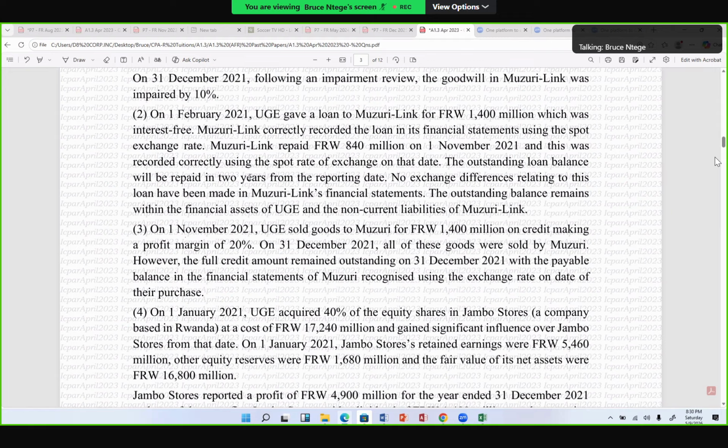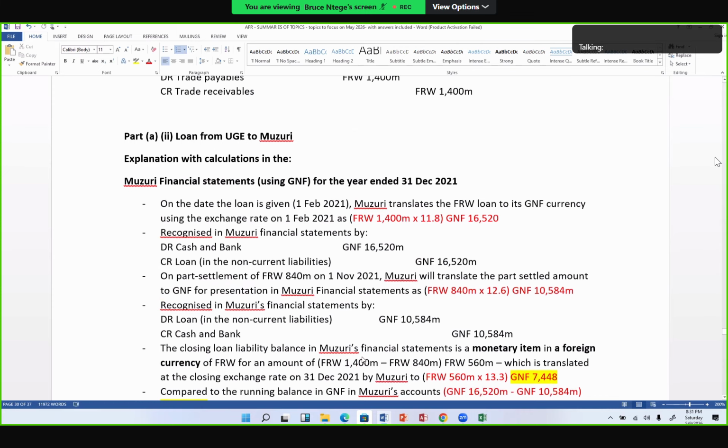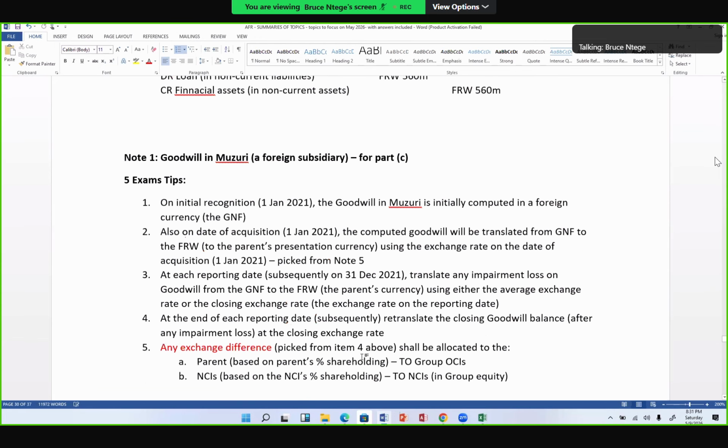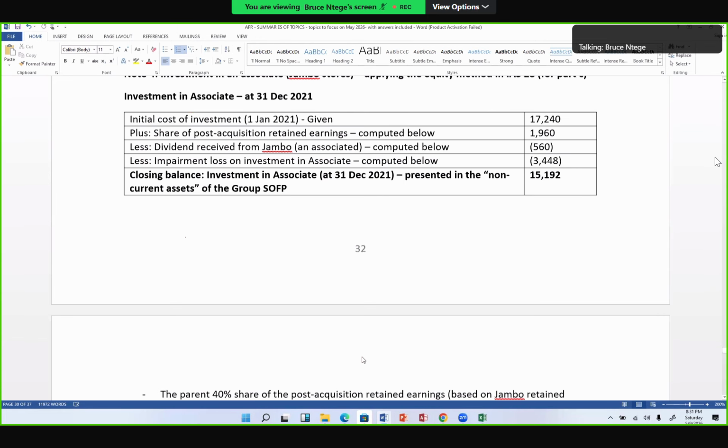You saw me when I was translating the GNF financial statements. I went and said that the accounts of that subsidiary must bear its translation reserve. Where is that translated balance sheet? I think it should be down here.